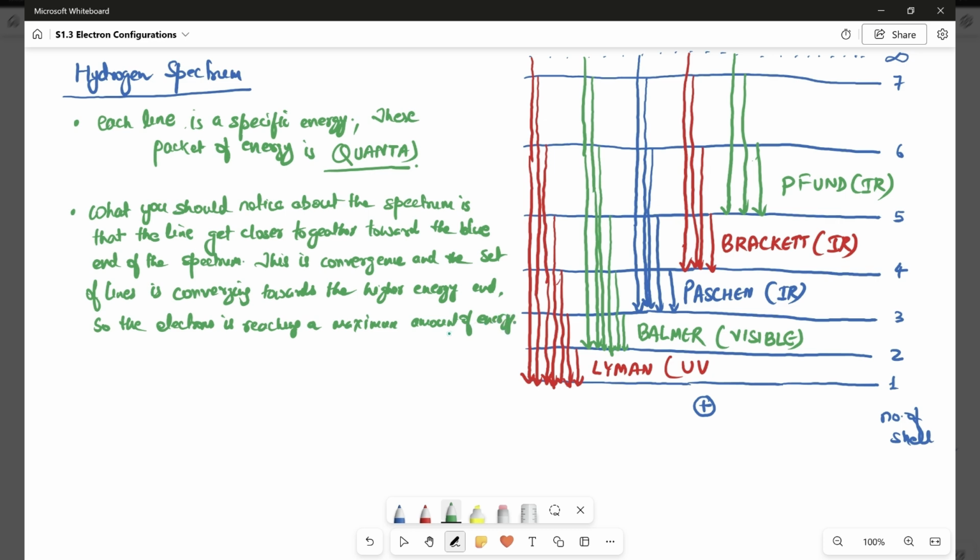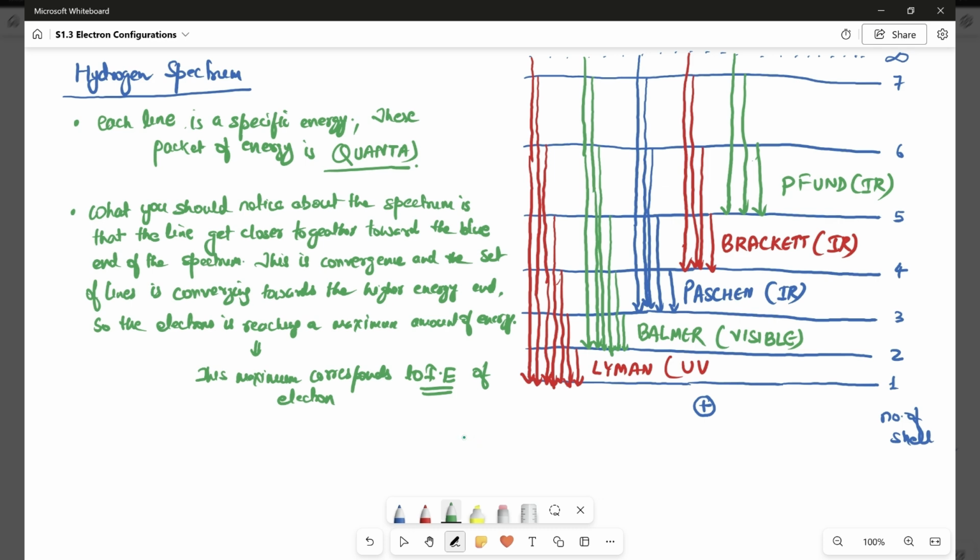This maximum corresponds to the ionization energy of the electron, right? IE, ionization energy. These lines were first seen by the scientist Balmer, and they have been named according to him.